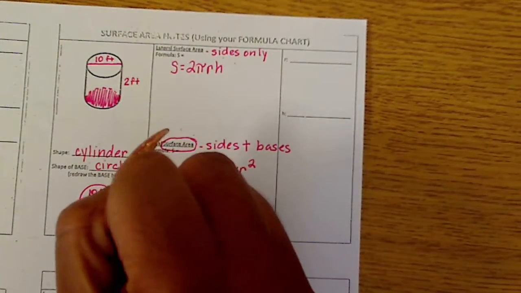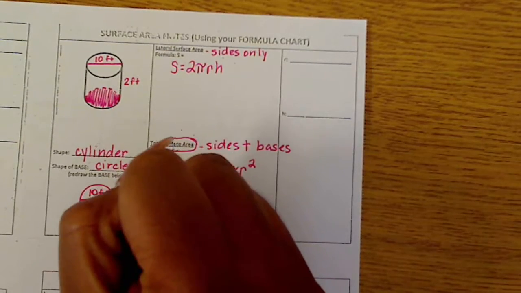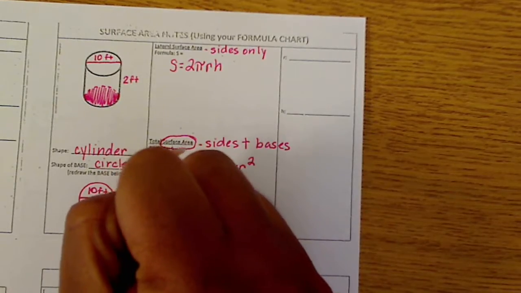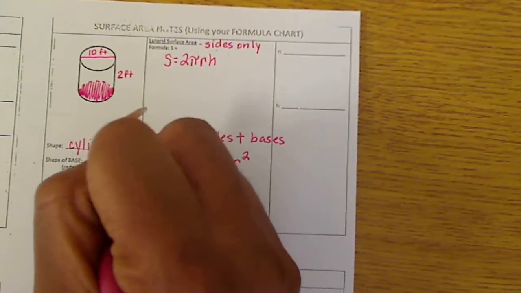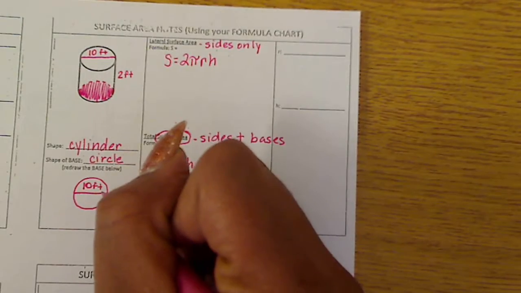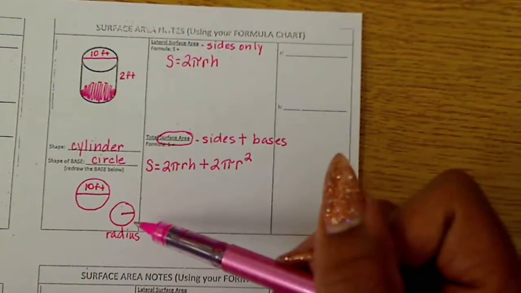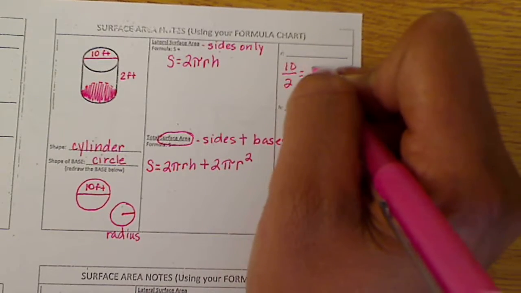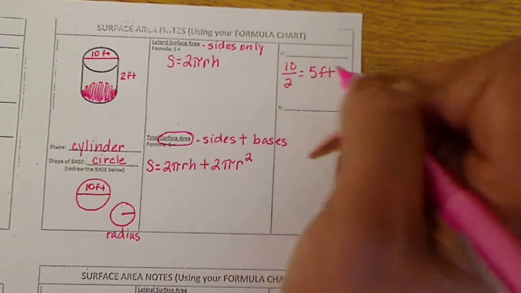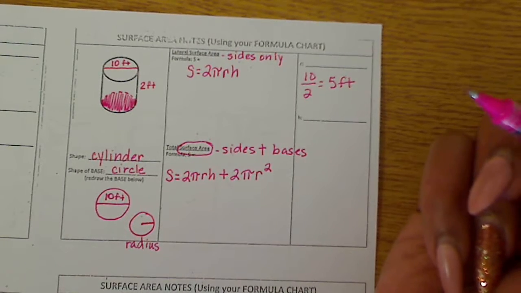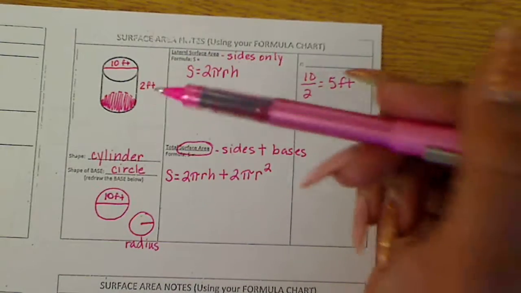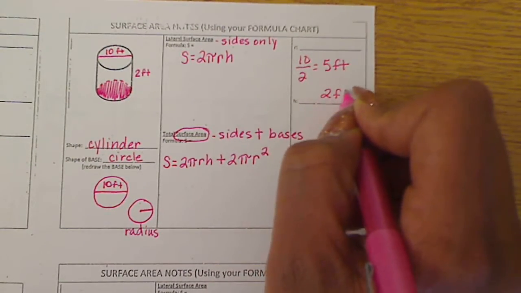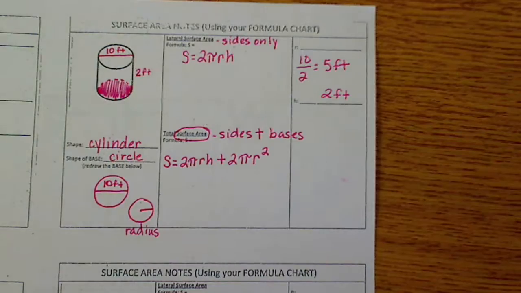So in order to get the radius, which is halfway, this is radius, and this is diameter, where it's all the way across. So our radius is half of the diameter. So if I take my diameter and divide it by 2, that is the radius. So our radius is 5 feet, and what is our height? 2. It's given to us. So our height is 2 feet. We now have all we need to solve this problem.